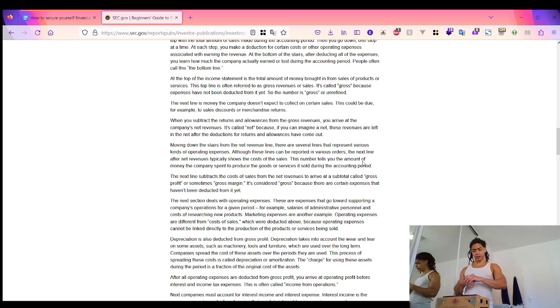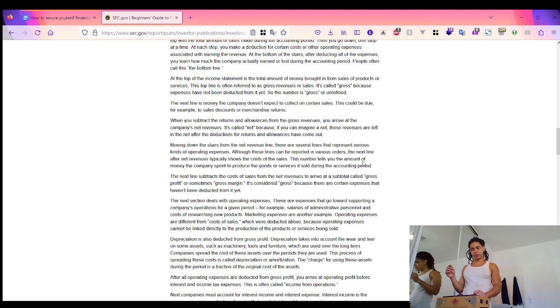Moving down the stairs from the net revenue line, there are several lines that represent various kinds of operating expenses.